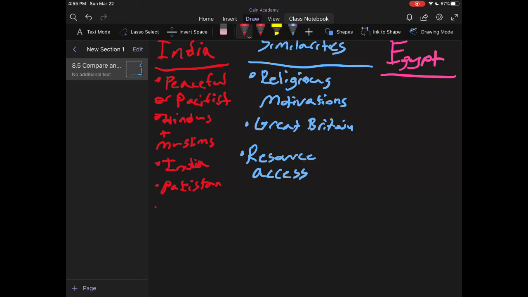And that creates a relocation of people that Egypt just doesn't have. So very different when you look at India compared to Egypt. The major highlight is that India is mostly peaceful, but then it does have that dichotomy of two different religions trying to function and find their independence, not just from Great Britain, but actually from each other.